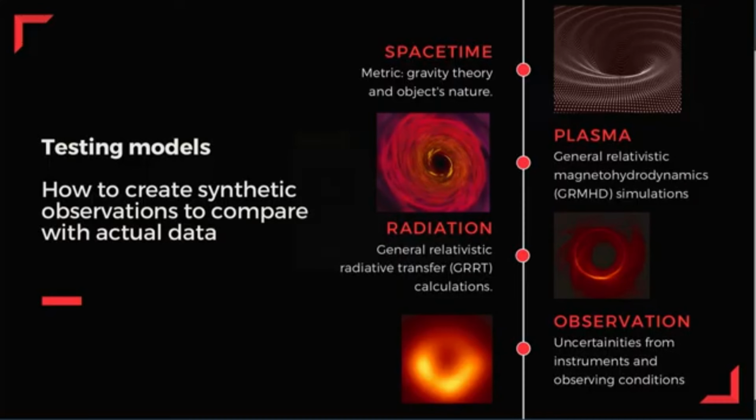So in this step, we simulate how the radiation that the plasma emits behaves and propagates. And finally, when we obtain an image, we incorporate the uncertainties associated to the instruments and the observing conditions in order to produce a synthetic image.